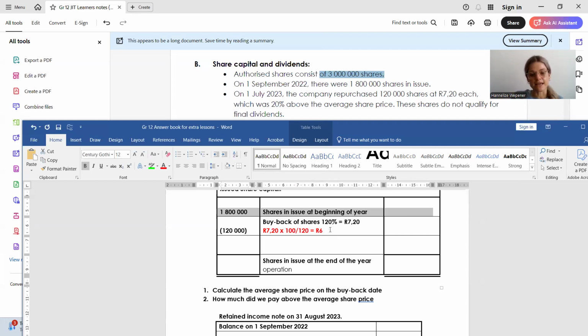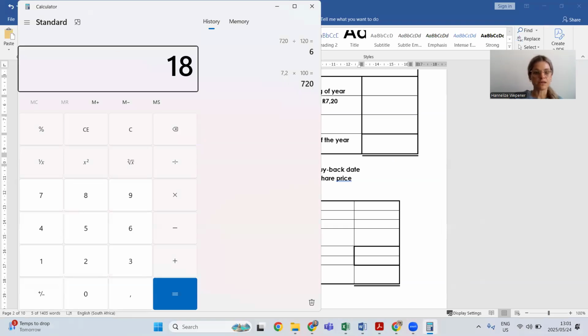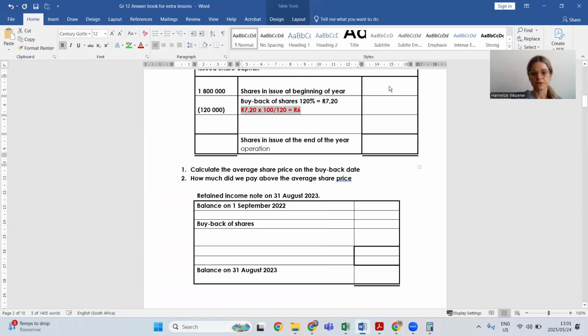Therefore, we can say that if the average price was 6 Rand on the date of the buyback, the opening balance was also an average of 6 Rand, only because no transactions occurred between the beginning of the financial year and when the buyback occurred. So 1.8 million shares at 6 Rand each, so 10.8 million.